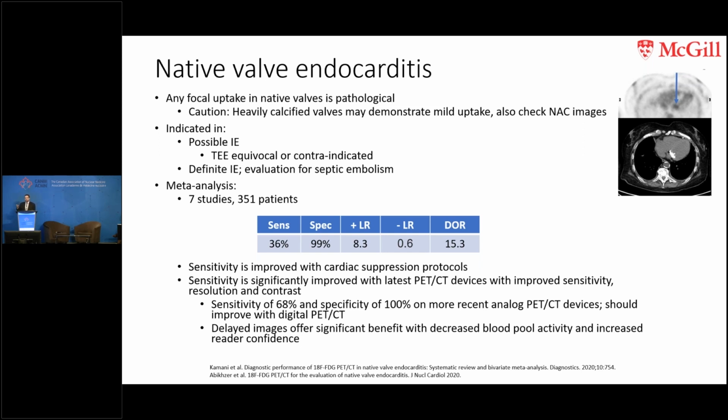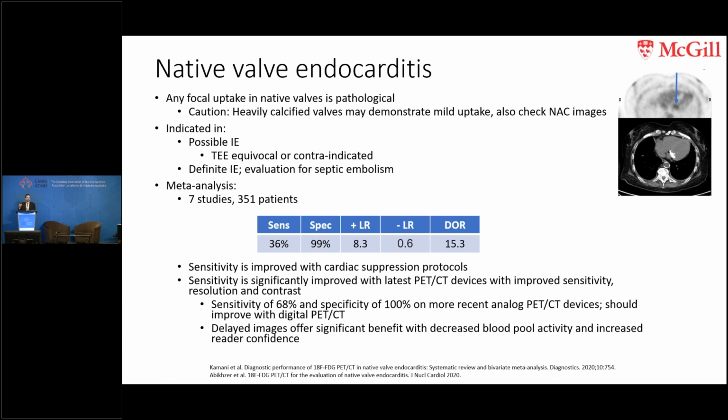So that's one thing you have to be aware of, that sometimes densely calcified valves could be associated with some mild diffuse uptake. But in general, in a well-suppressed myocardium, any focal uptake in the valve plane is pathological, not like in the prosthetic valves where you can have some physiological variance of uptake. In the native valves, there should never be any abnormal uptake.